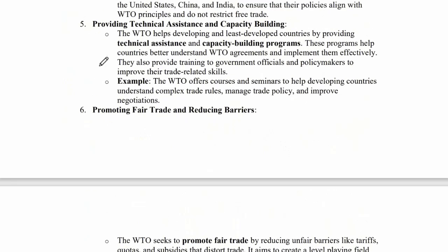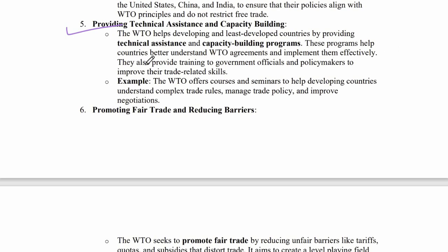Now let's look at the next, fifth one: providing technical assistance and capacity building. WTO helps developing and least developed countries by providing technical assistance and capacity building programs. These programs help countries better understand WTO agreements and implement them effectively.